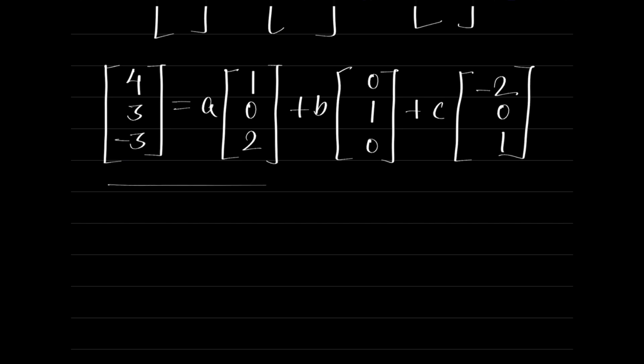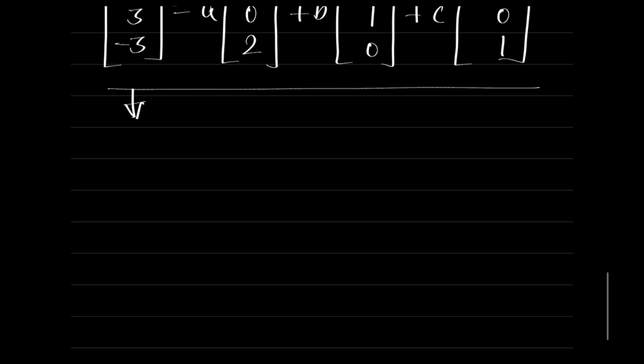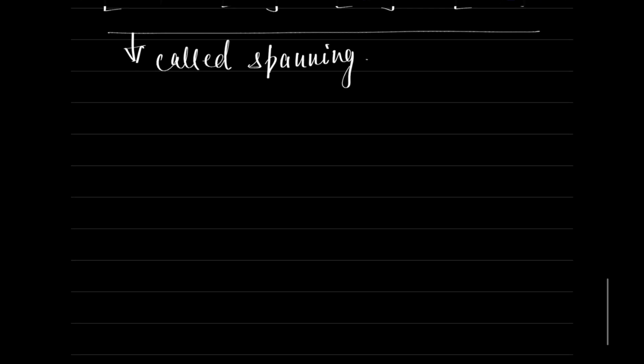This complete process, we already know from basis, is called spanning. Now in the options we have E1, E2 and E3, which are vectors. So our job is to calculate the A, B, C values.